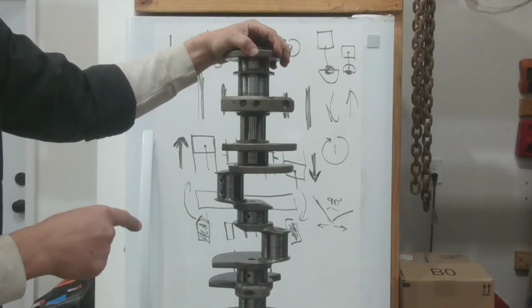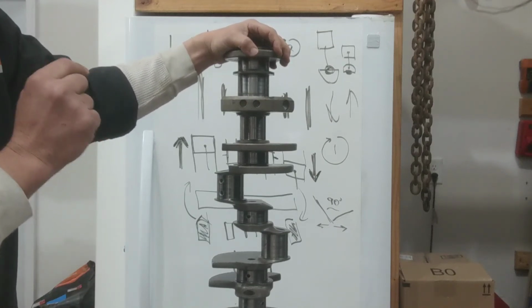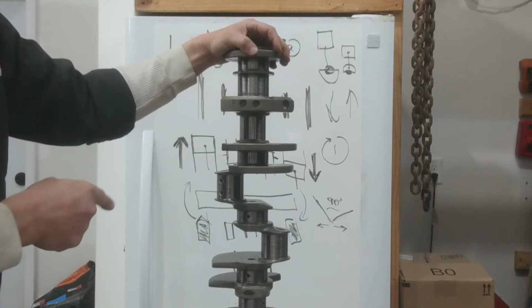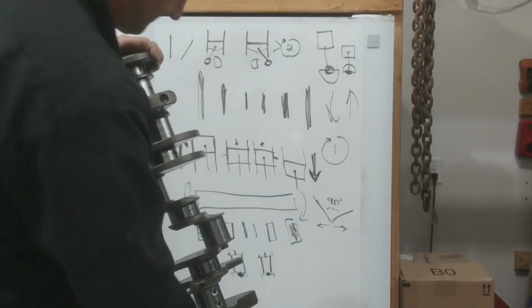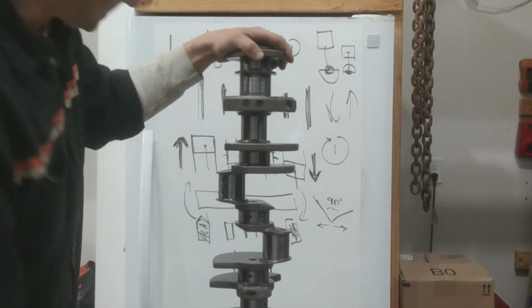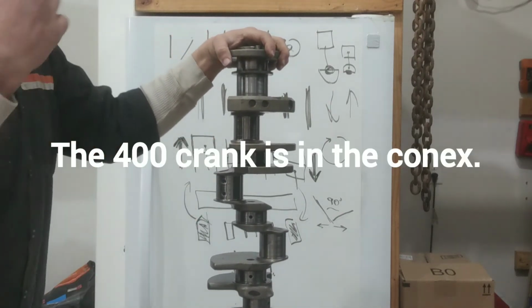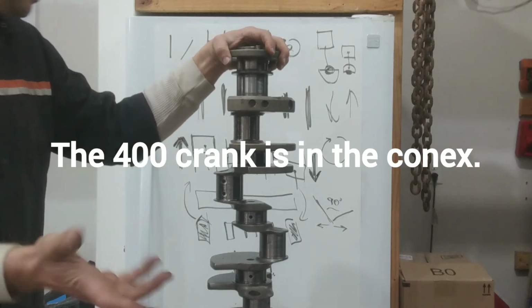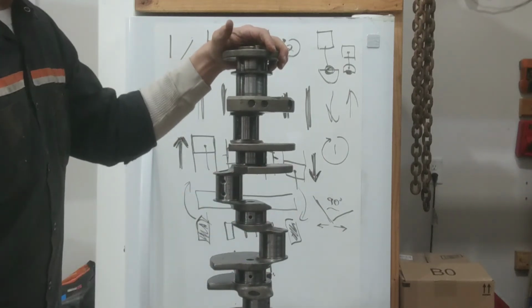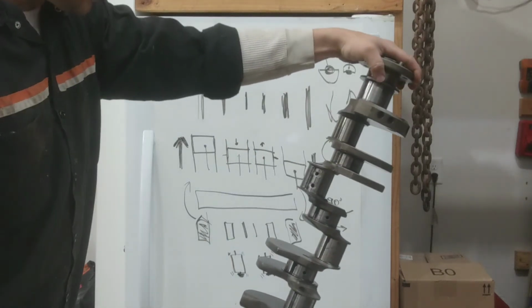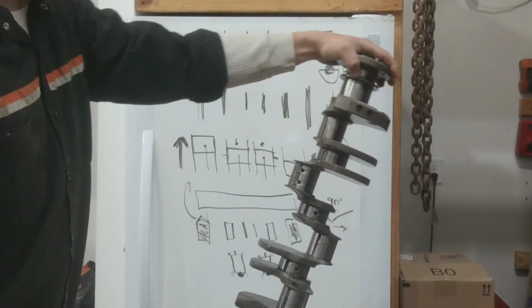Kind of wish I had the block for this, because this block had the brittling done to it. Wish I had a small block Chevy. I do have small block Chevy cranks, I just don't have it available right now. So this is what you get. This right here, it's still a good crank. You can still use it. It has a really good ring to it.